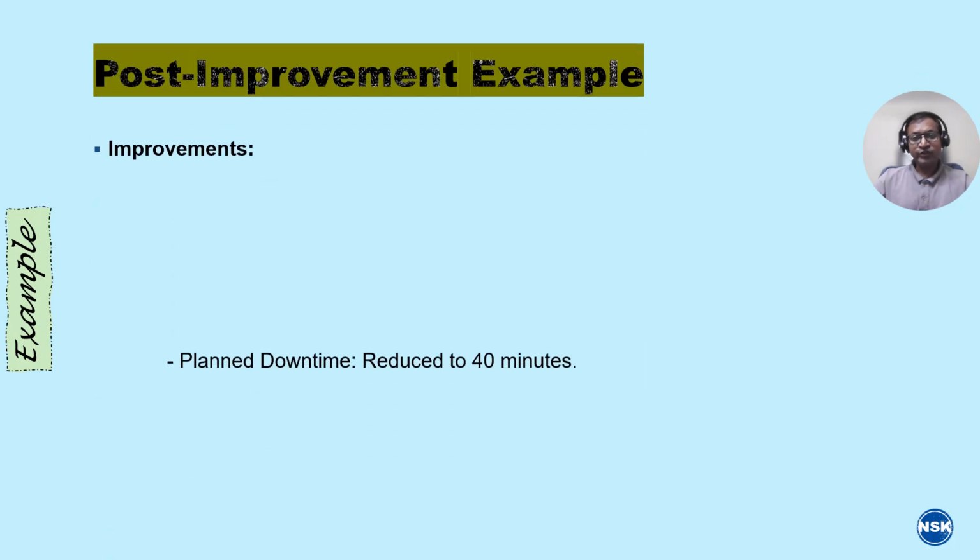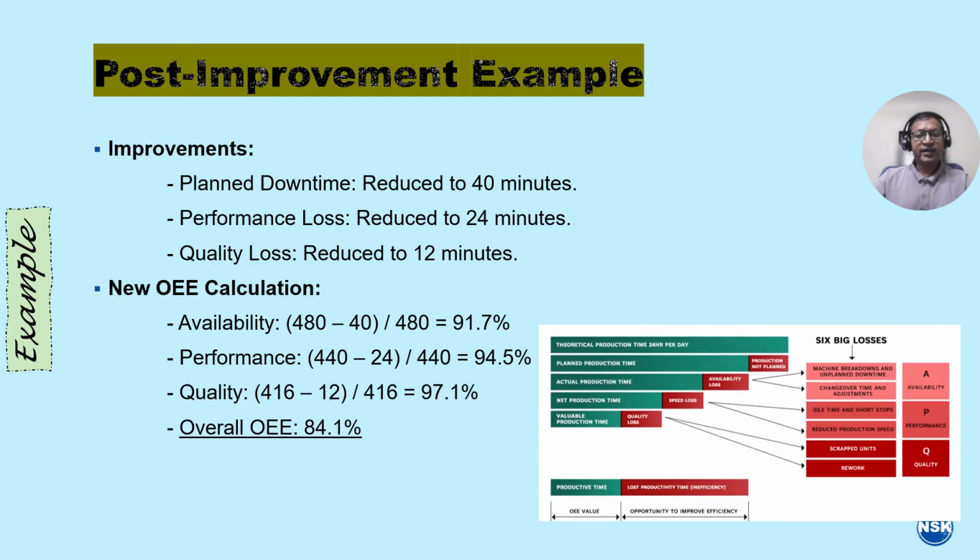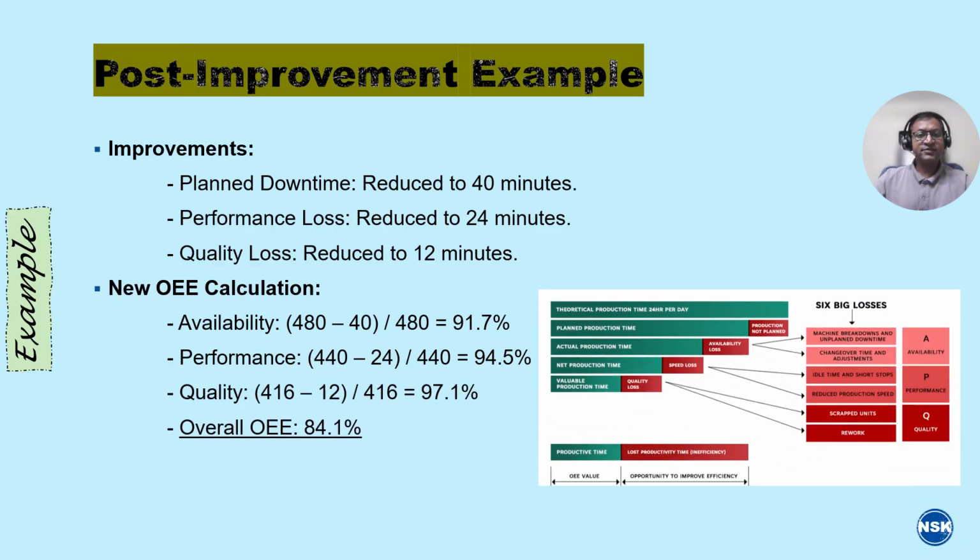Let's see the future scenario of OE improvements as seen in previous slides. Planned downtime reduced to 40 minutes due to optimized preventive maintenance schedules of frequently worn out parts, availability of critical spare parts during corrective actions, optimization of time required for maintenance when a breakdown happens, and modular fixture design to reduce setup time and changeover time.